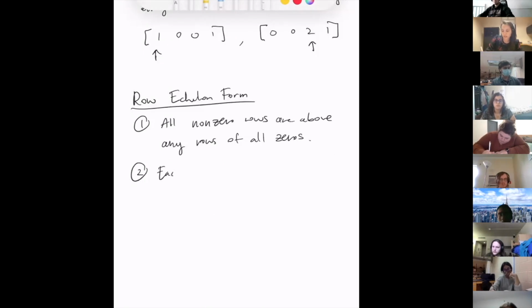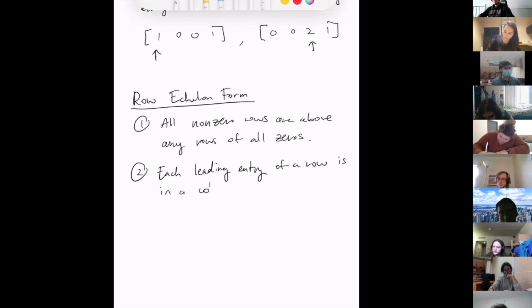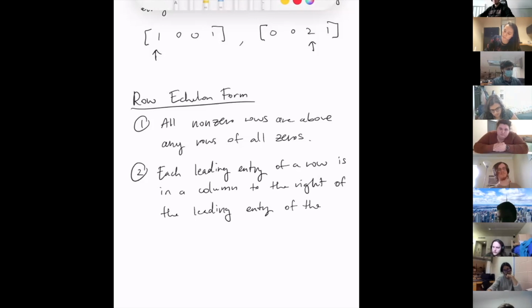And then each leading entry of a row is in a column to the right of the leading entry of the row above it.